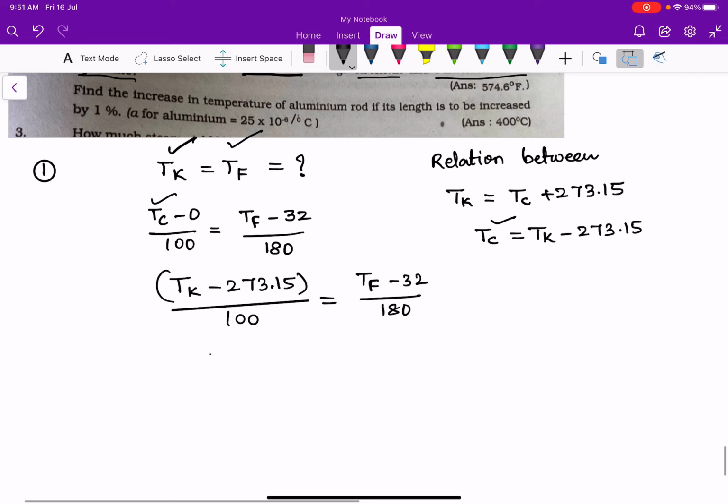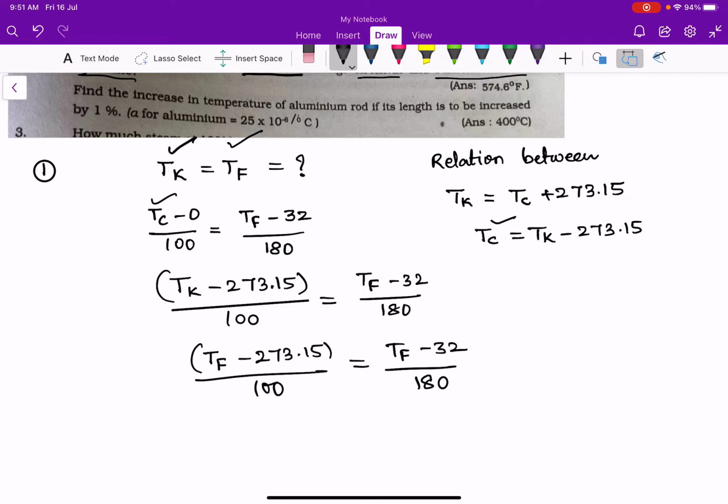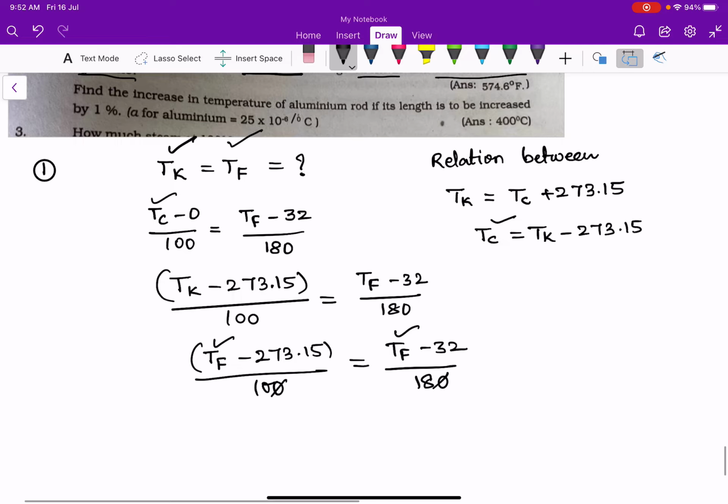So now (Tf minus 273.15) divided by 100 is equal to (Tf minus 32) by 180. Here the only unknown is Tf, so solve for this Tf. You will get Tf equal to 574.6 degrees Fahrenheit or Kelvin.